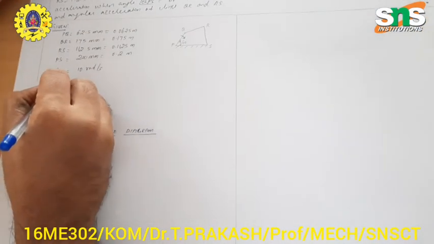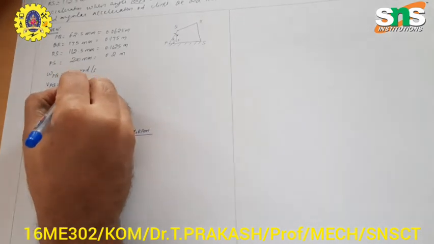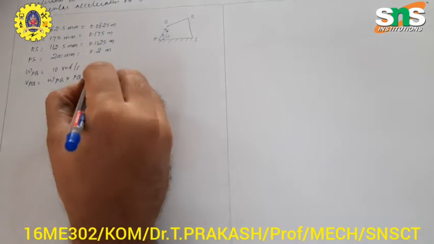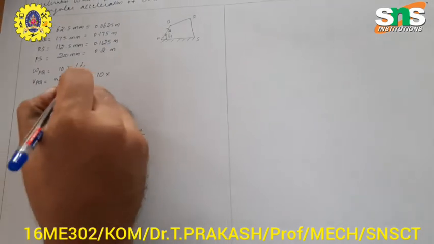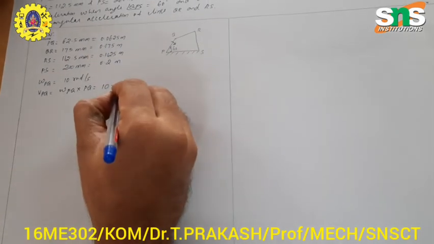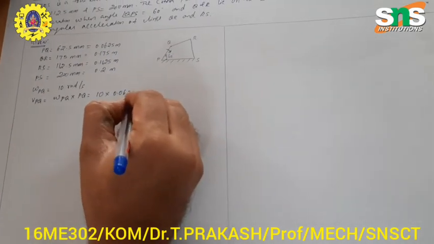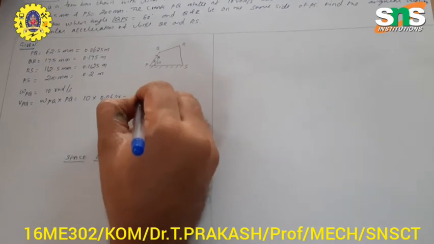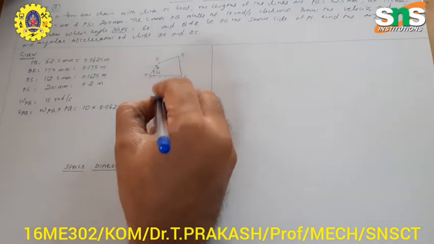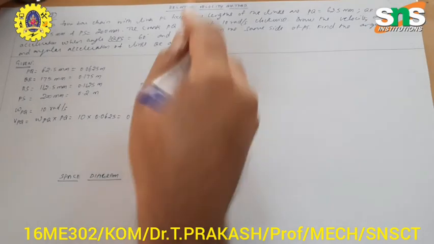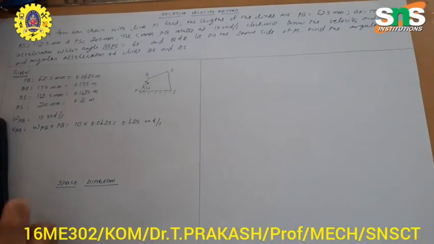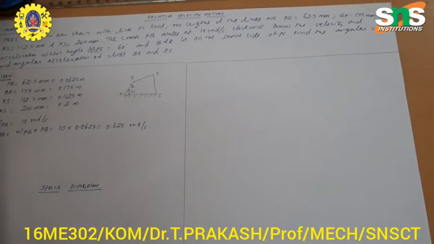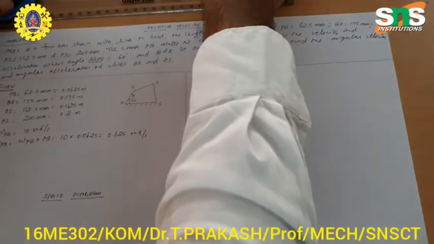Velocity of Q is omega PQ into distance PQ. We know the omega value is 10 and PQ value in meters is 0.0625. That is 0.625 meters per second.